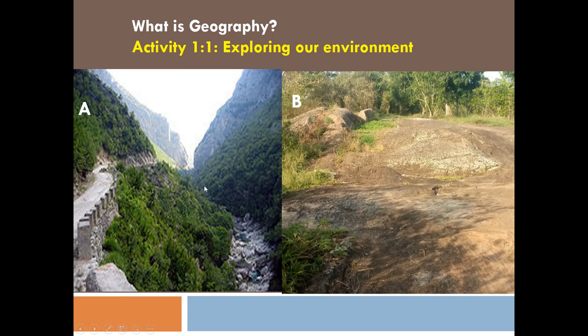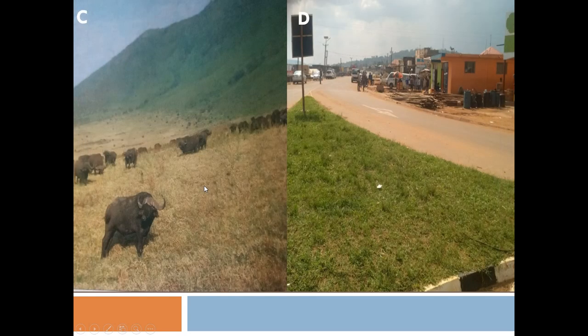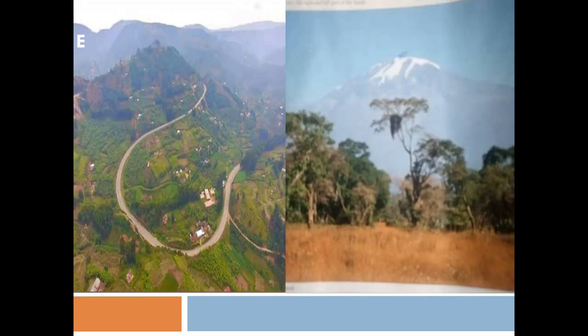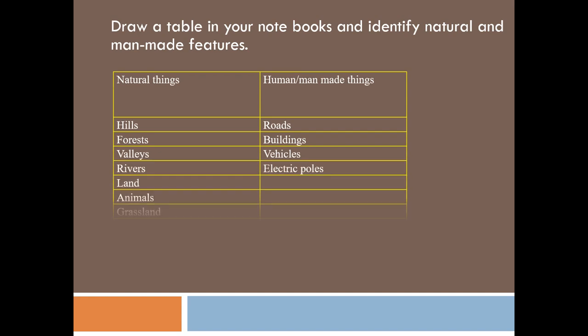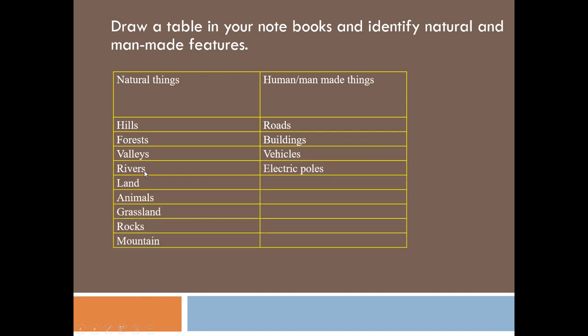So those are physical features. Then we noted the rivers. The rivers are physical features, and in photograph A, along that valley there is an aspect of a river, or there is a river draining through that valley.